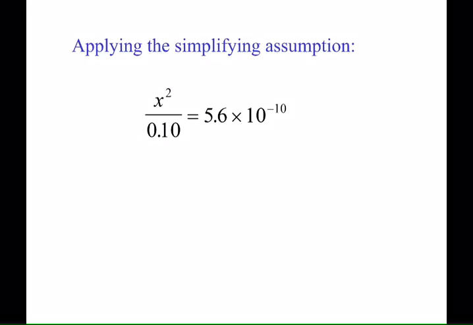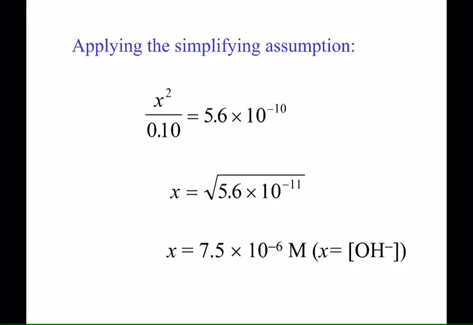Very good. Take the square root of 5.6 times 10 to the minus 11th, and you get 7.5 times 10 to the minus 6th moles per liter, which is not that much more than 1 times 10 to the minus 7th moles per liter. Do you know what I'm saying?